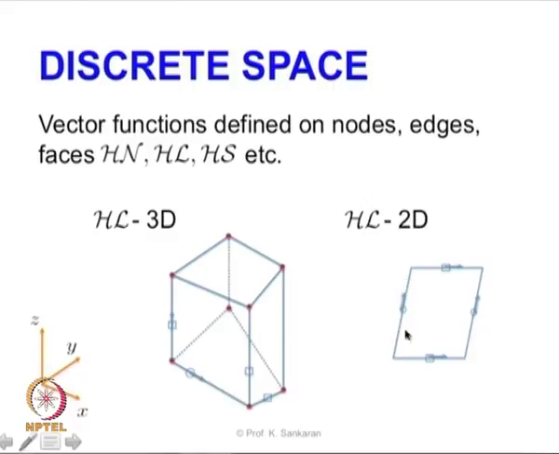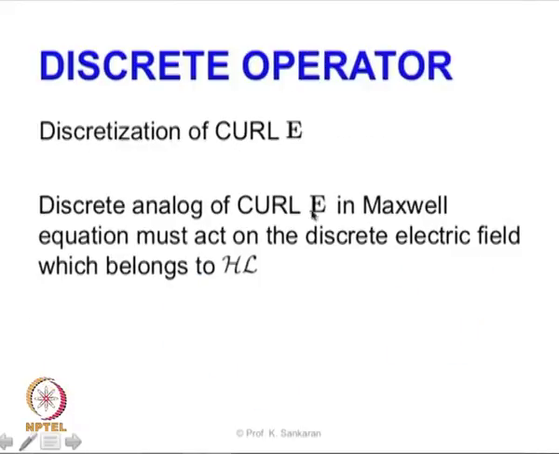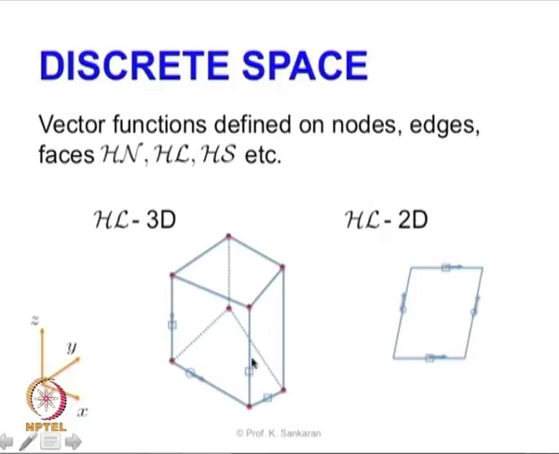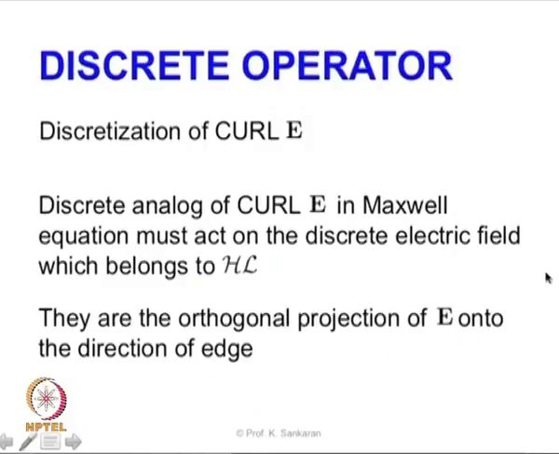In 2D it is going to be like this, and the discrete analog of curl E is going to act on that particular discrete electric field, which is defined in HL. Not only that, they are the orthogonal projection of E onto the direction of the edge itself, which we can see in this figure.